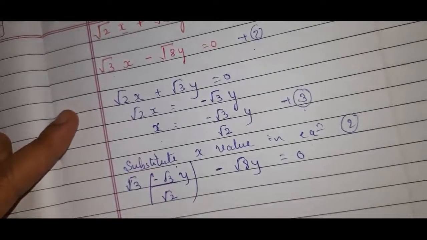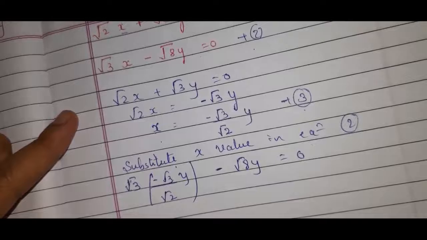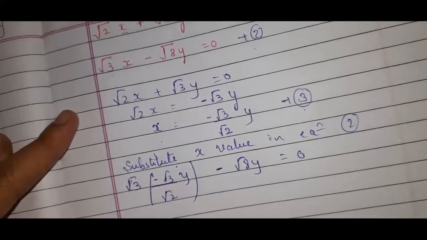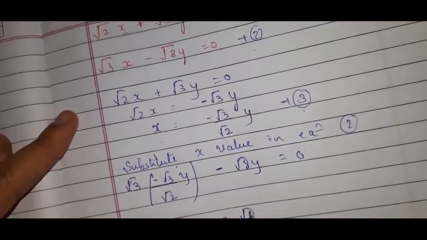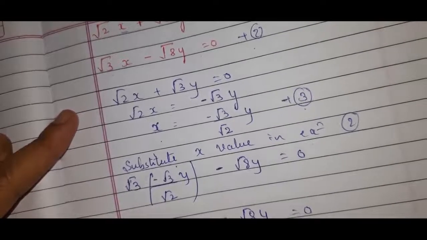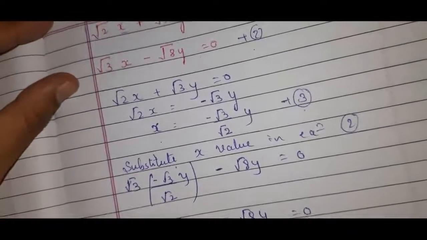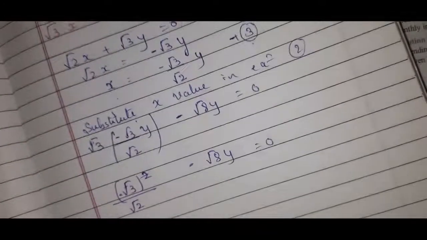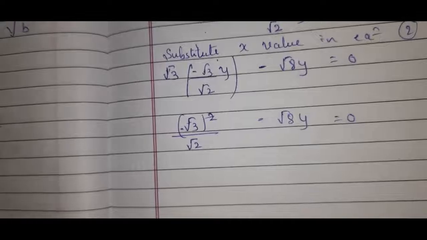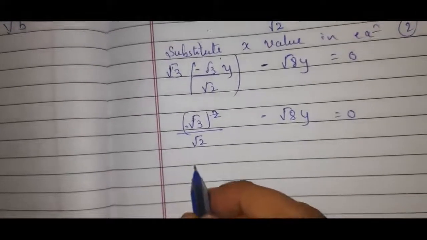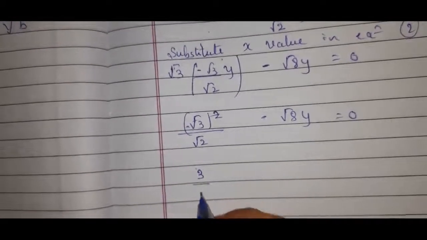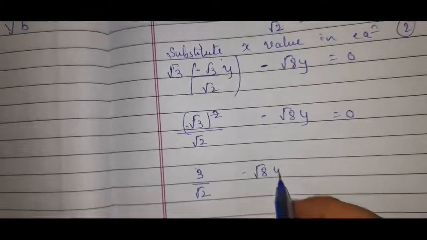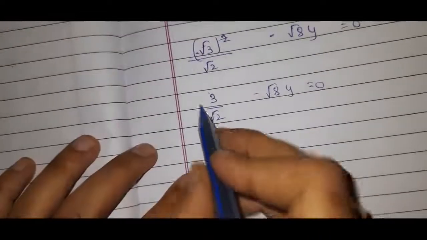Root 3 into root 3 whole square, and minus root 2 minus root 8y equals to 0. In this root and square will be cancelled, left with 3 by root 2 minus root 8y equals to 0.